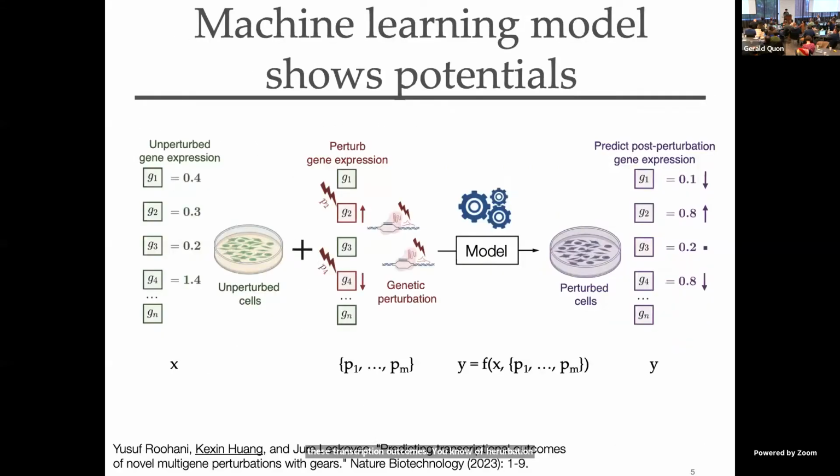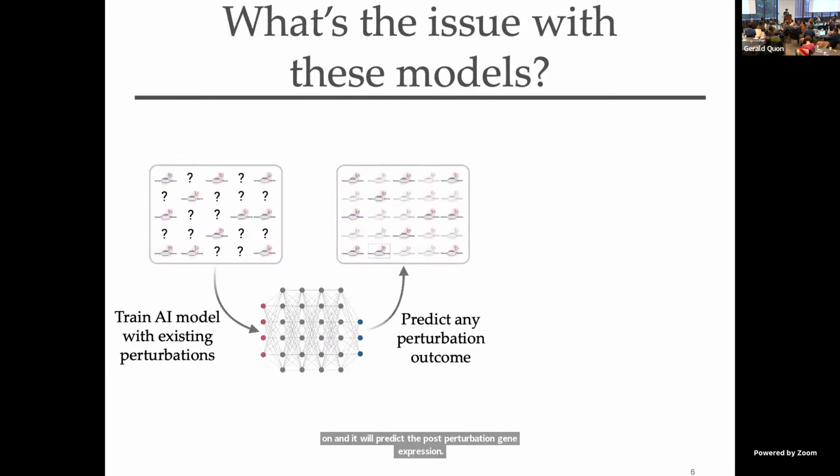Recently, a wide range of work has been proposed to tackle this problem. Basically, these models take in a pseudobulk of non-targeting cells, and then you pick whatever perturbation you want, and it predicts the post-perturbation gene expression. But the big challenge is that they simply use the existing training datasets, which are sets of perturbations used to answer specific biological questions.